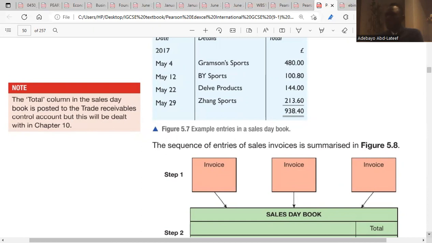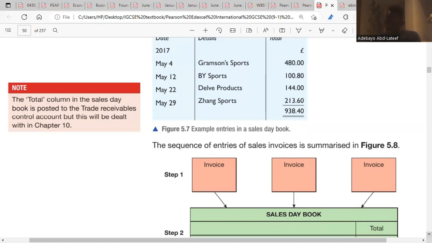The principle of double entry states that for every debit entry, there must be a corresponding credit entry. All these transactions are on the debit side, so there must be a corresponding credit side. That's going to be the nominal ledger, which becomes the total of all your transactions, already on the journal, which is 938.